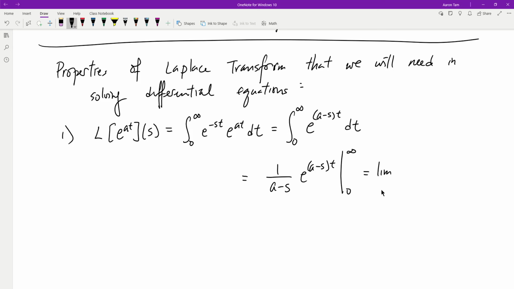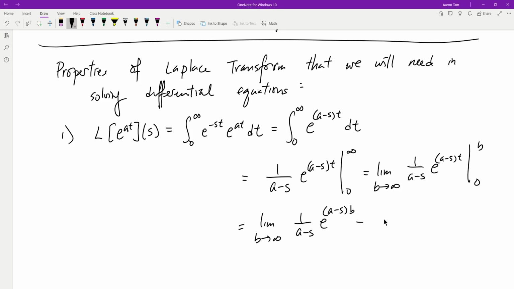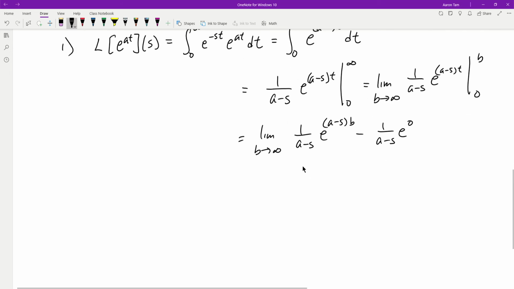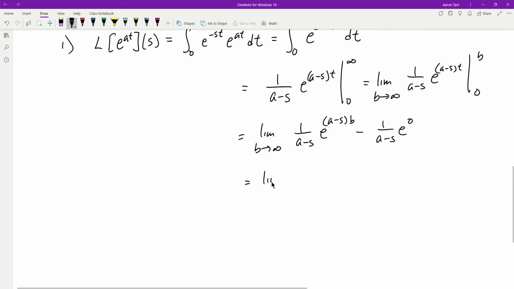Therefore it's equal to the limit as b approaches infinity of 1 over (a minus s) e to the (a minus s)t, from 0 to b. So therefore, the limit as b approaches infinity of 1 over (a minus s) e to the (a minus s)b, minus 1 over (a minus s) e to the (a minus s) times 0, which is 0. So this thing actually comes out to be this.